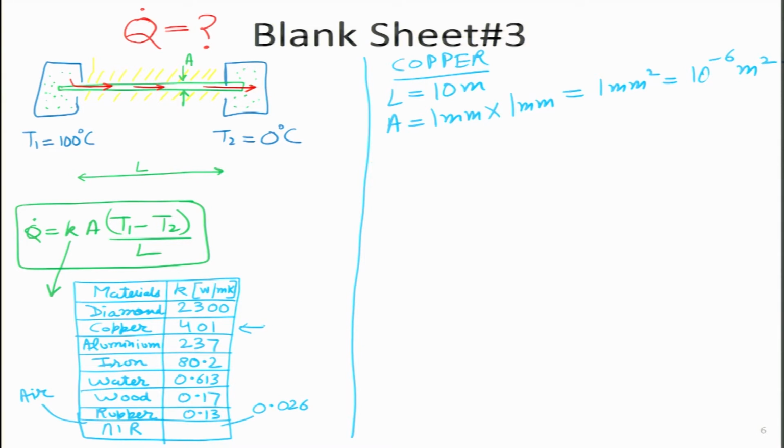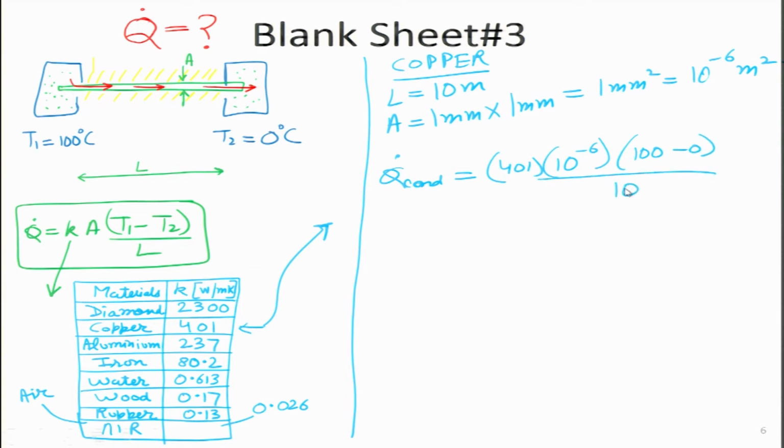Thermal conductivity of copper I have, of course, from here. So, let us quickly calculate how much conduction heat transfer is taking place. So, that we can get K, which is 401 multiplied by area, delta T, divided by the length, which is 10 meters.